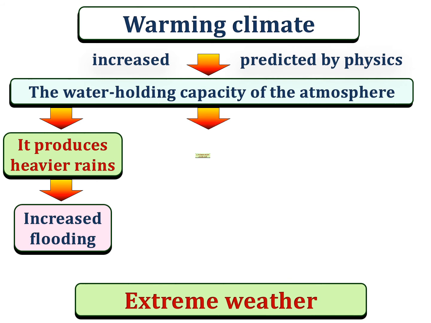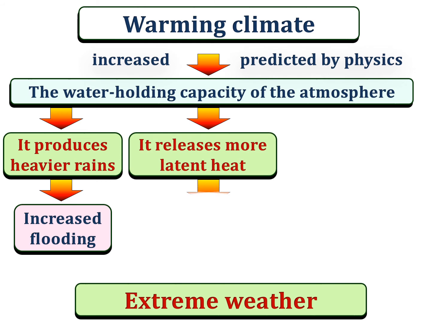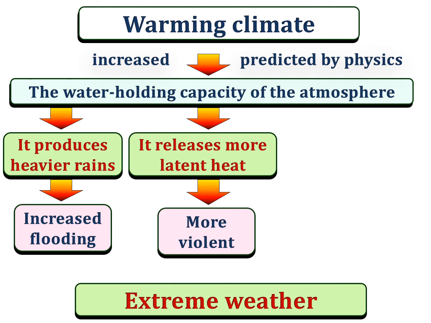Also, when so many water molecules condense into liquid water, they release more latent heat. More latent heat is energy, and that makes a storm or hurricane stronger and more violent.